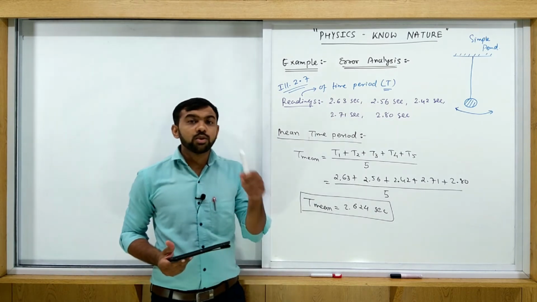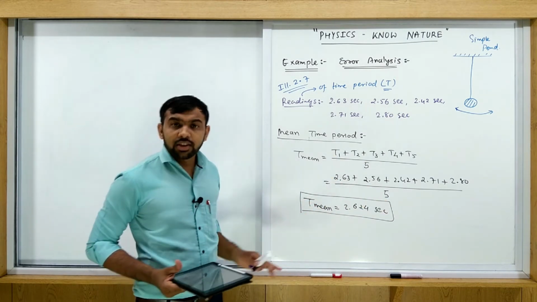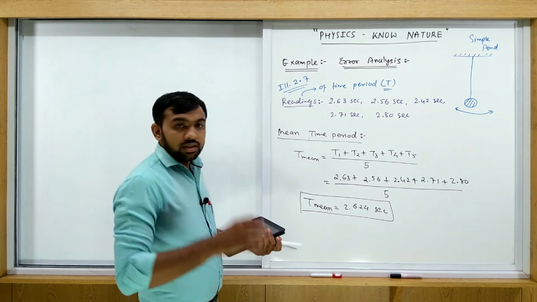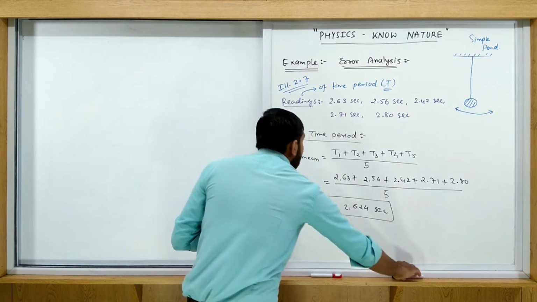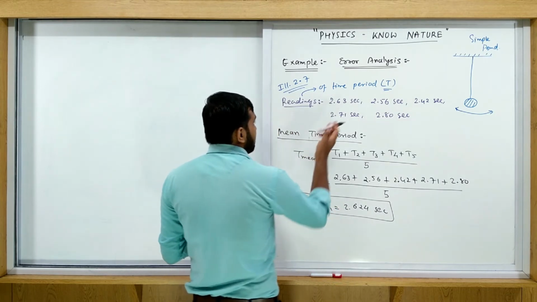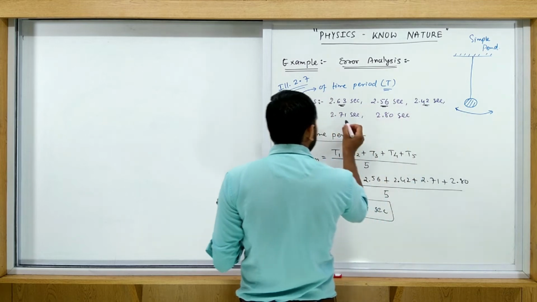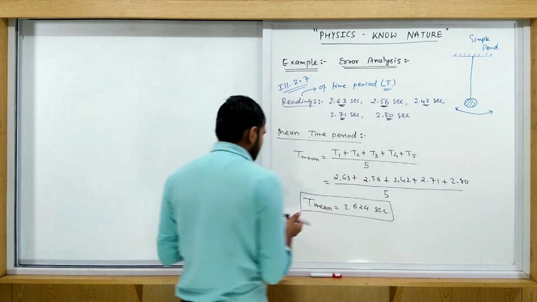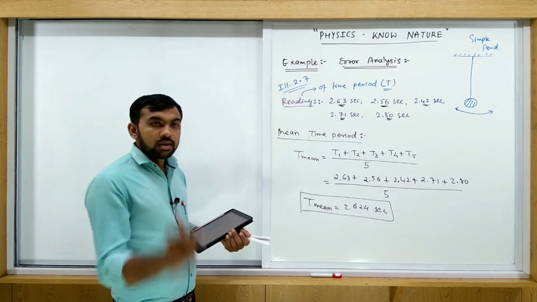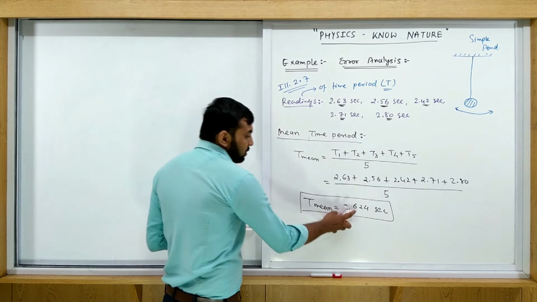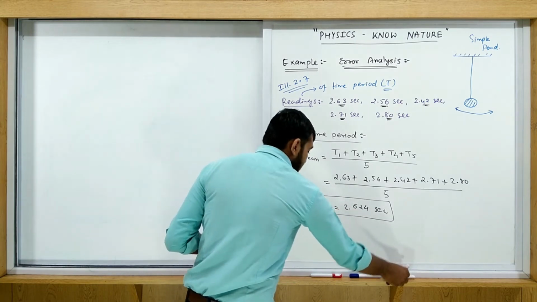Actually we are not studying significant digits; that is the next topic. But if you consider significant digits here, how many digits are there after the decimal point in all these readings? 2 digits, 2 digits, 2 digits, 2 digits and 2 digits. So you must write this answer up to 2 digits after the decimal point.